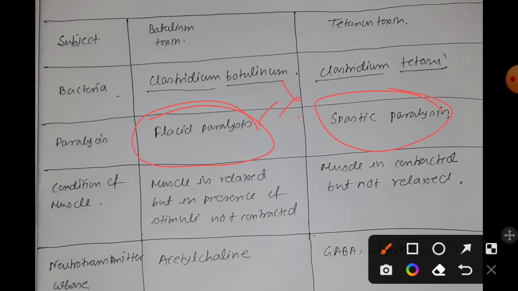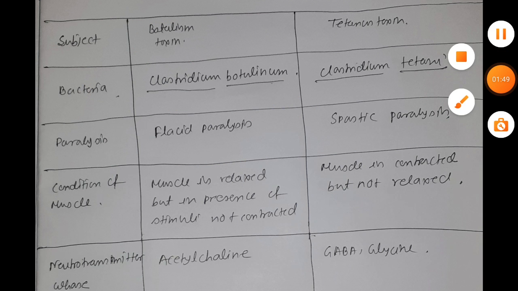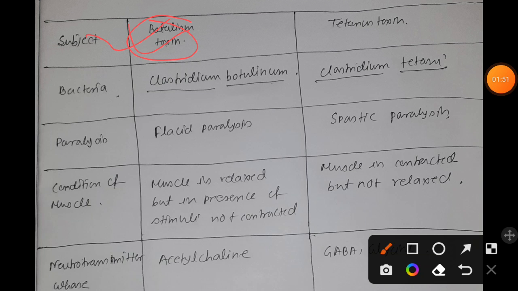It requires stimuli, but when botulinum toxin is present, despite the presence of stimuli, due to the absence of acetylcholine at the receptor the muscle cannot contract. So it prevents muscle contraction, and the muscle remains relaxed despite the presence of stimuli.